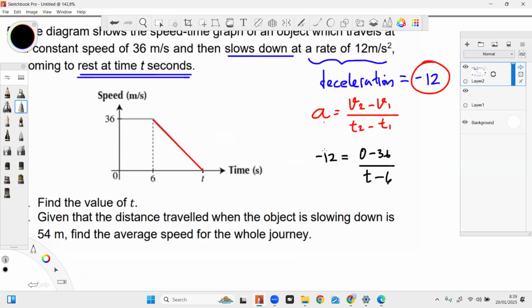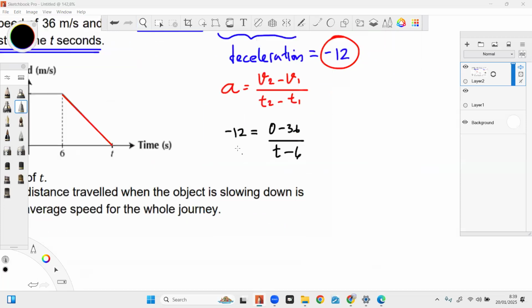How? Cross multiply? Sure, that's also a very good way. So to get t minus 6, you just divide negative 36 over negative 12, as simple as that.